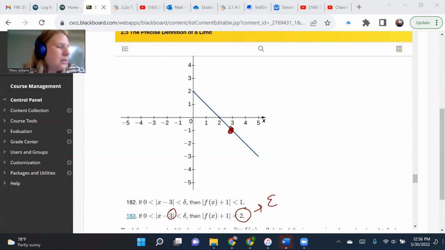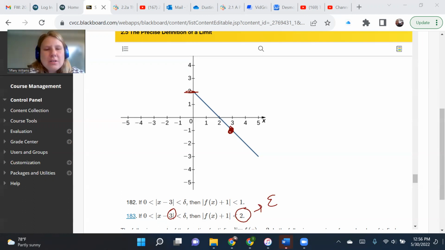Okay. So we want to focus on what's happening around -1. And since my epsilon's 2, I want to go up 2 from -1, and I want to go down 2 from -1. So if I go up 2 from -1, that's going to put me right here. So one of my values I'm going to be dealing with is 2. This one's actually a little nicer than the one we did before because I'm not having to deal with those half values.